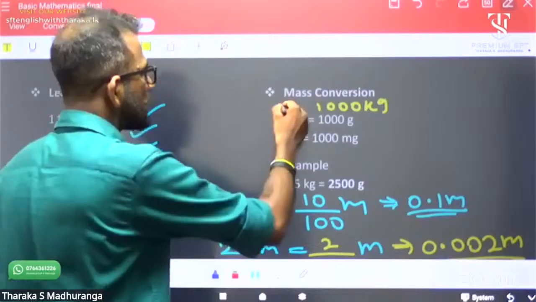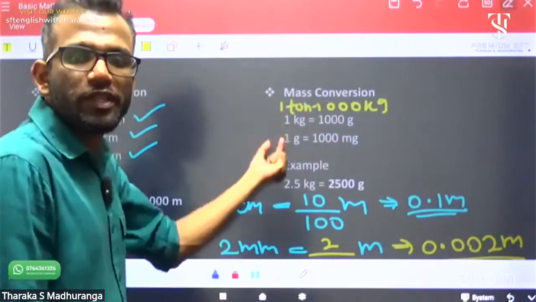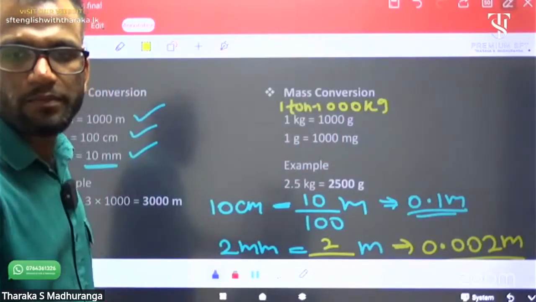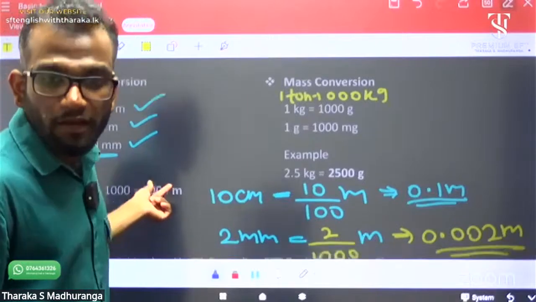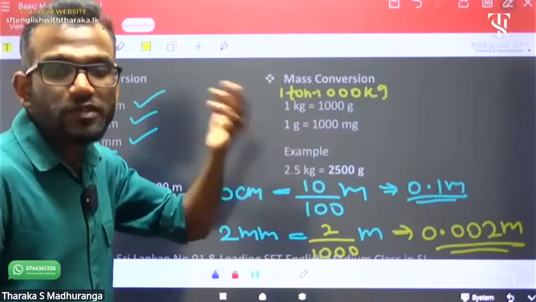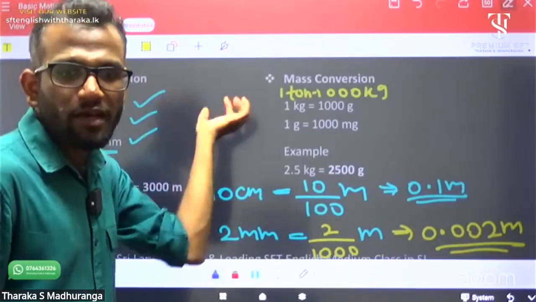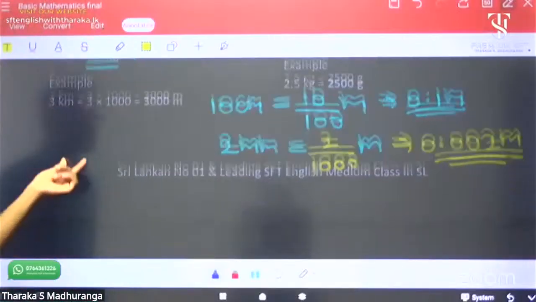Very good, it is 1 ton. These are basic things: 1 ton equals 1000 kilograms, and that is 1000 into 1000 grams. I need a large value, 1 ton.